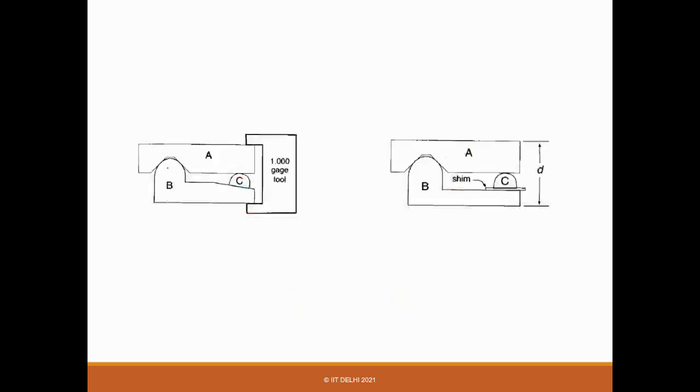What you want is this distance d. Suppose you have a case where A and B should be assembled so that this d is achieved, right? And suppose in this case, this is your gauge, and suppose you want to have that.